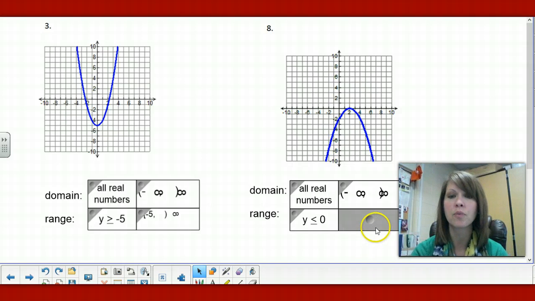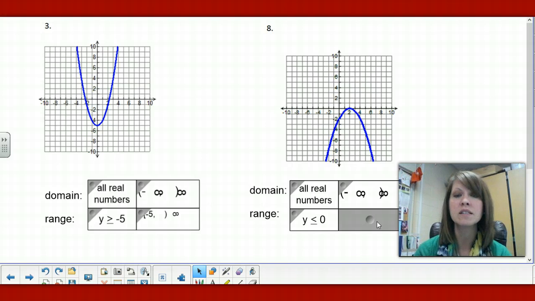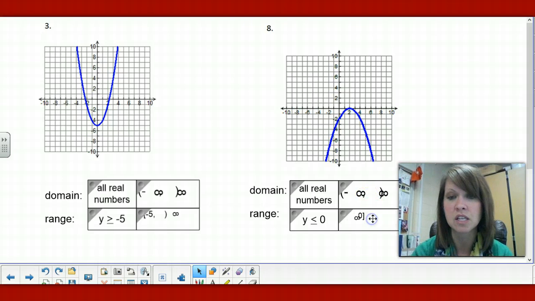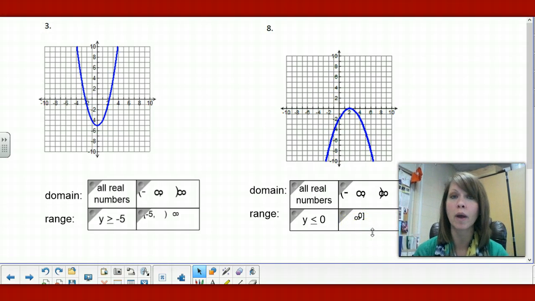And then the range, I know this is going to be messed up, and I'm sorry for that, but this time the low is going to be negative infinity because it goes down forever, and the how high is going to be 0. So you're going to see these switched around. It should be negative infinity on the left, comma, 0 on the right. I'm going to write these correctly on the board, and I want you to jot these down so that you're not confused anymore.